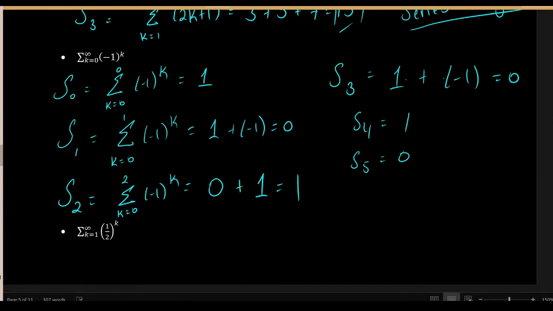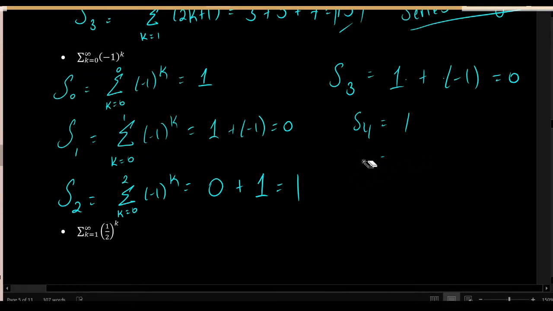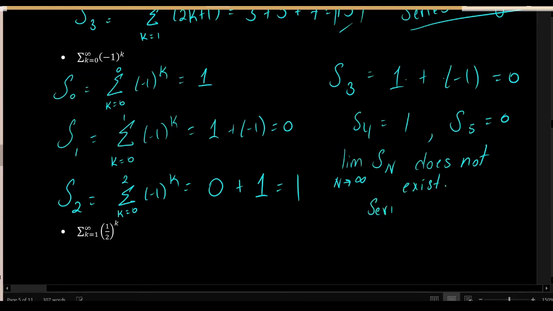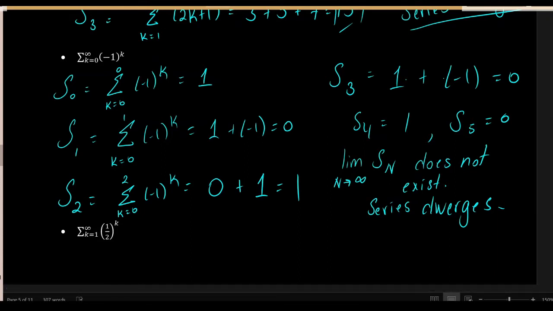Now notice that the results of these partial sums alternate between +1 and 0. Because these partial sums keep alternating, the limit as n goes to infinity of the partial sums does not exist, which means that the series diverges. And it isn't possible to get a single well-defined number by adding together alternating powers of -1.